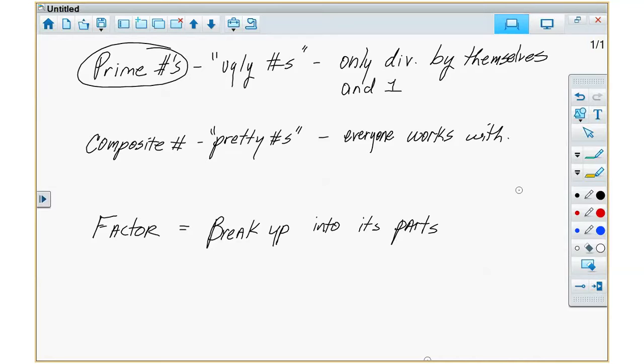In 5.1, we're not going to worry about composite factorization. We're going to worry about prime factorization, because prime factorization will give you the common denominator in fractions. One of my goals in this class is, you may fail the class, but you will be able to add and subtract fractions.